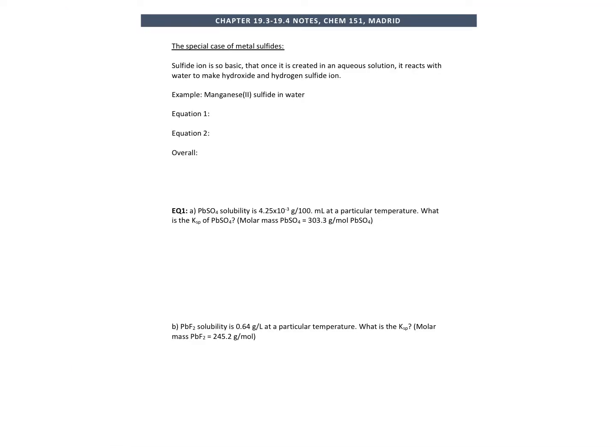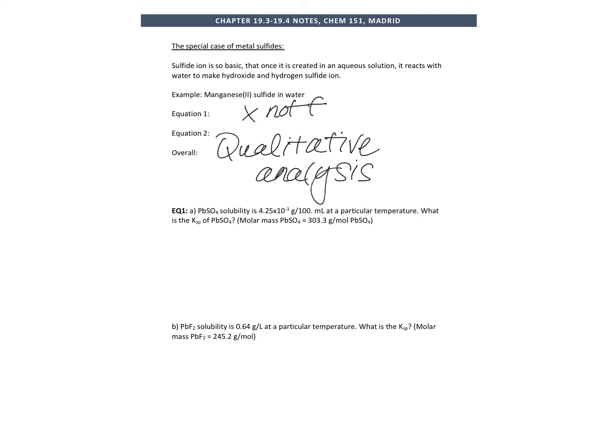On our upcoming exam for chapter 19, you will not be tested on the special case of metal sulfides. However, we will be using this for our qualitative analysis lab. So you will need to be familiar with it, but again, not for the chapter 19 exam.